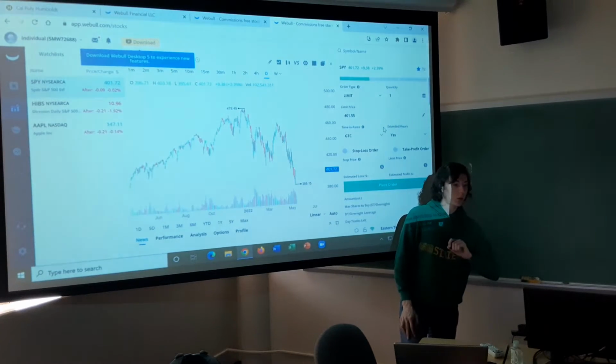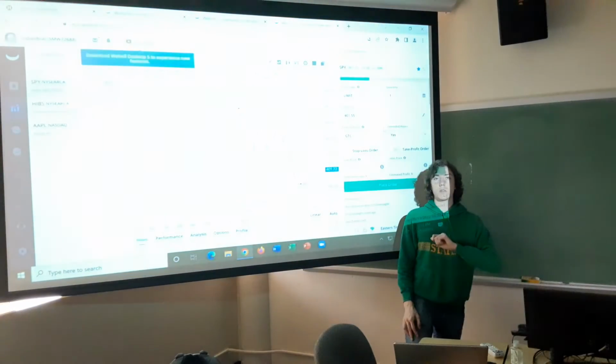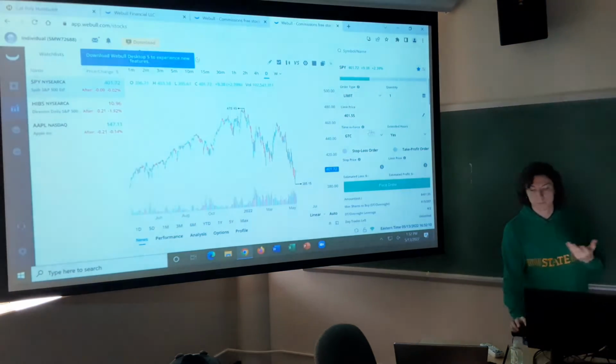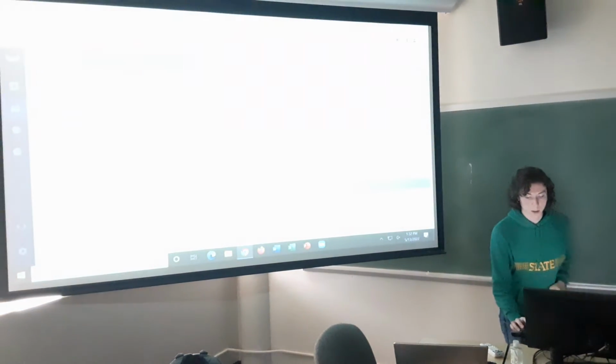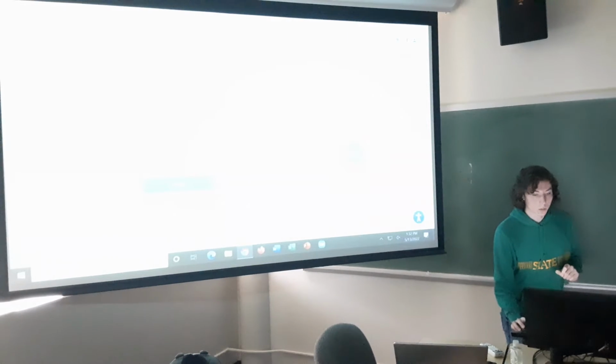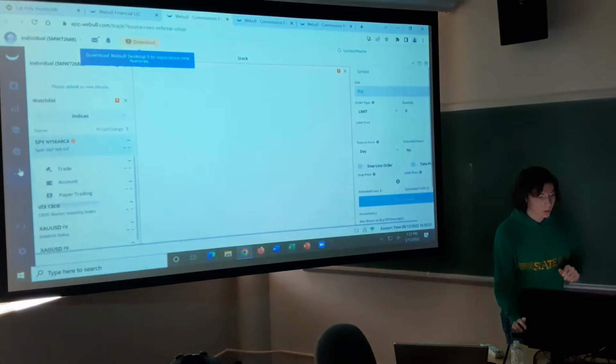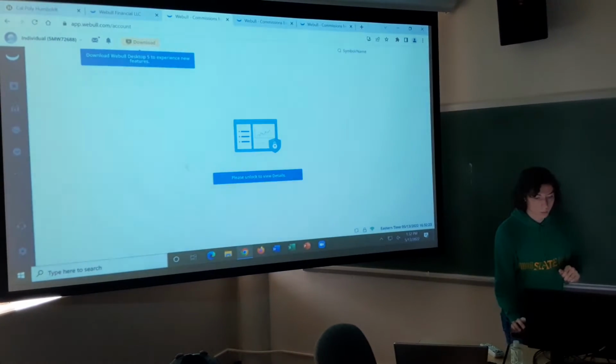You can look to your account page, and there it is, place order, same thing. And then if you did want to cancel this, I want to go into my account.